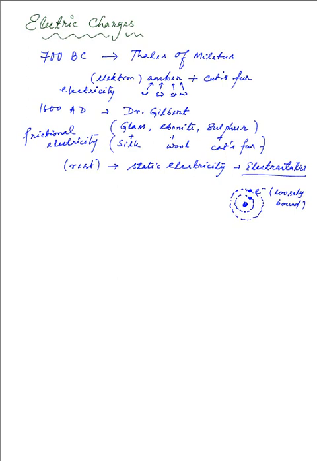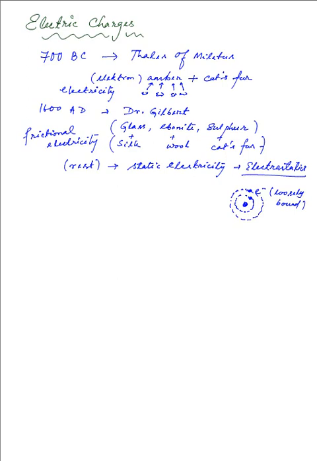So this being loosely bound, there is a fair chance that some force, in this case the frictional force, is sufficient to knock this electron out of that orbit, and this electron in turn gets stuck to the other object with which the frictional force has been generated. So take the case of glass and silk.